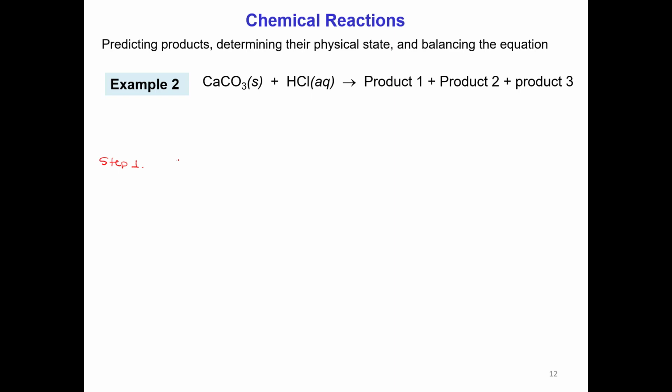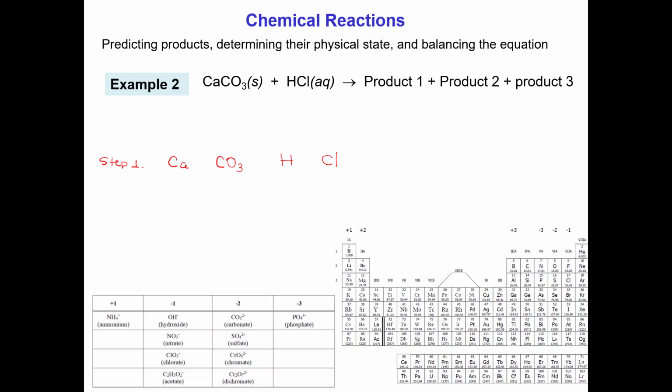We have calcium, carbonate, which is a polyatomic ion, hydrogen, and chlorine. To get the charge of each of these ions, we will use the periodic table and the table for polyatomic ions. In the case of calcium, calcium is in the second group, so calcium is +2.